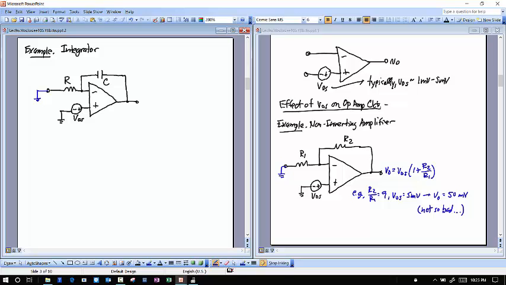And so if I ground the input, the output of this circuit, V0, should be equal to, not necessarily 0, but whatever the initial condition voltage is across this capacitor. And so say that's some voltage Vc across that capacitor. That's what we'd like it to be. However, that's not what it's going to be.